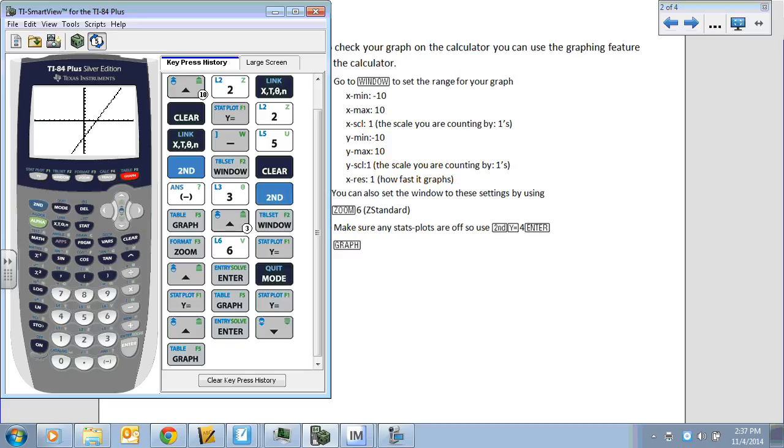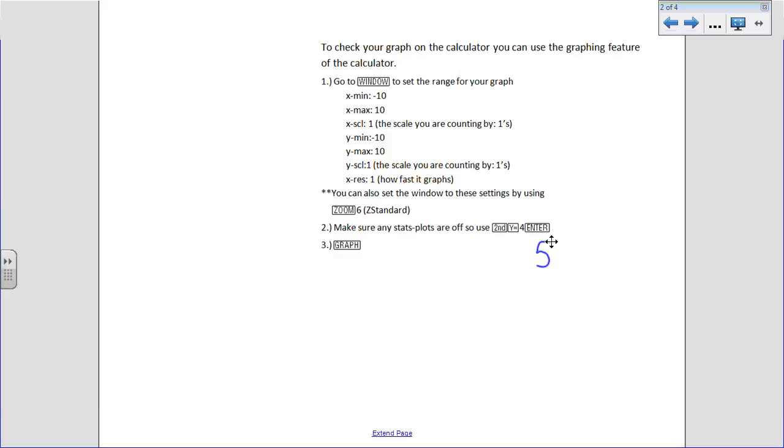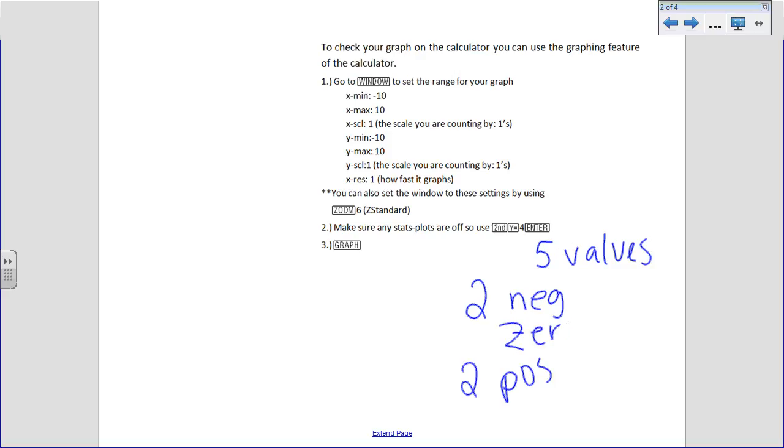On your assignment tonight, it says 5 values. I should see 2 negatives, 2 positives, and guess what's going to be in the middle of that every time? Most people do -2, -1, 0, 1, and 2.